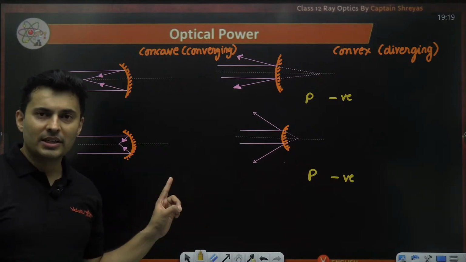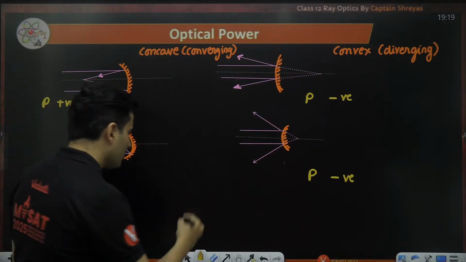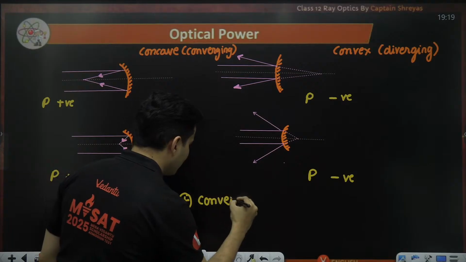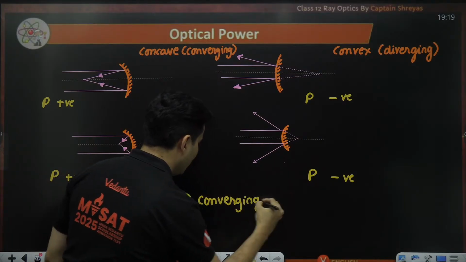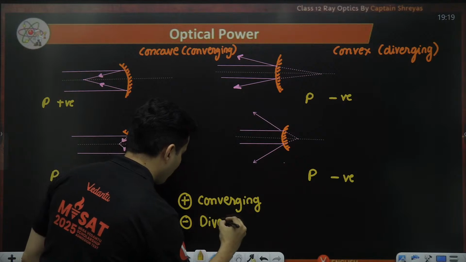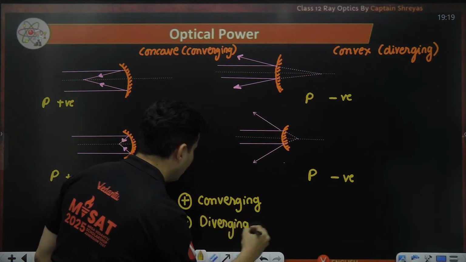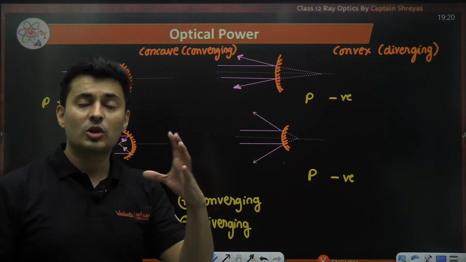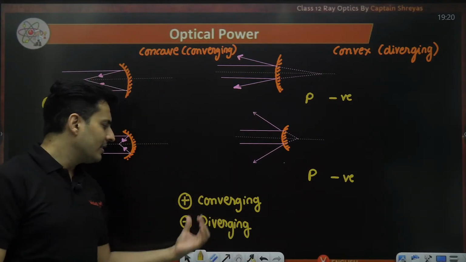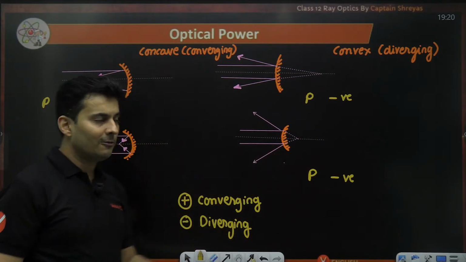One thing is clear, very important: positive means converging, and negative means diverging. So if I tell you the power is +7, it is concave, converging. If I tell you the power is minus 0.7, then it is diverging because negative.